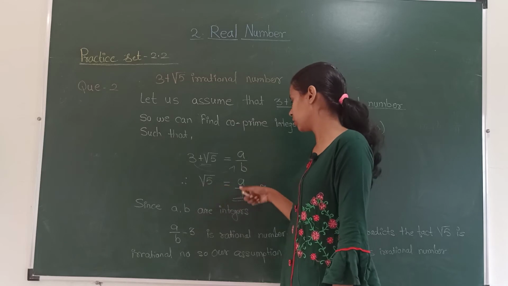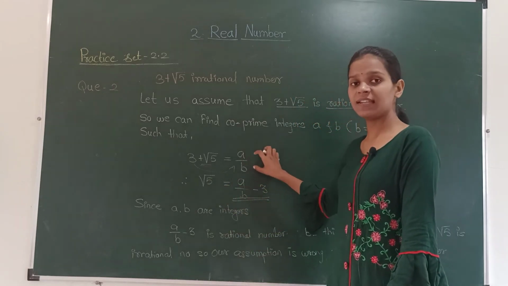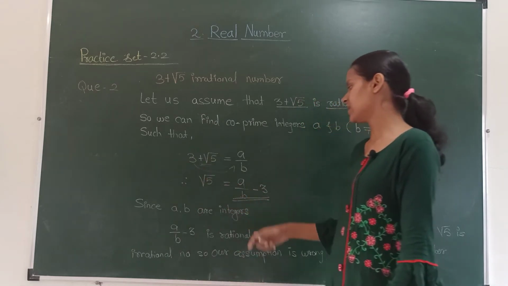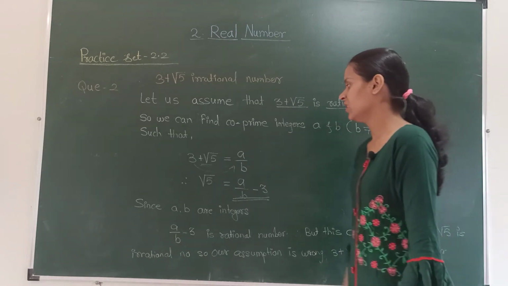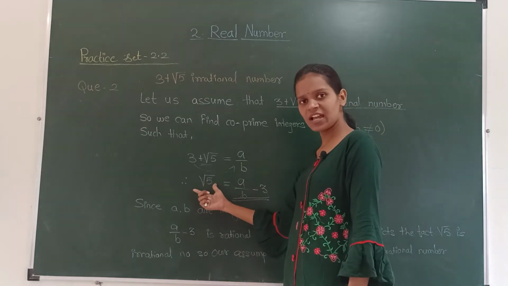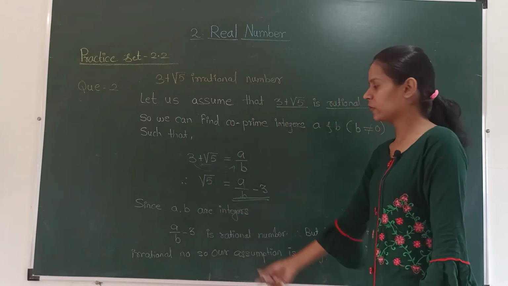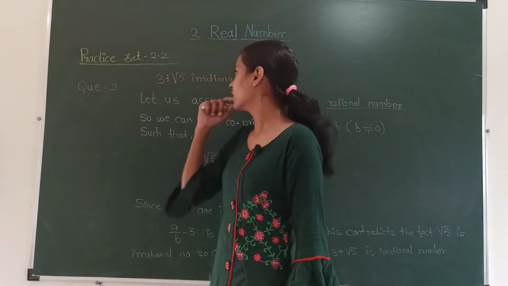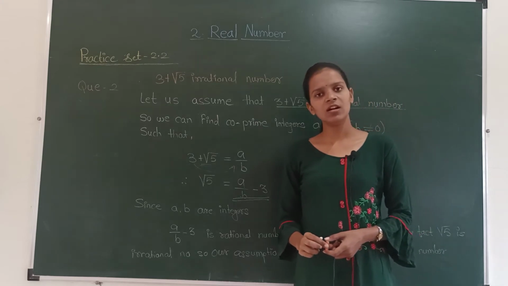So root 5 is equal to a upon b minus 3. We already know that a and b are integers, so a upon b minus 3 is a rational number. But this contradicts the fact that root 5 is an irrational number. Therefore, our assumption is wrong and 3 plus root 5 is an irrational number. Hence we proved that 3 plus under root of 5 is an irrational number.